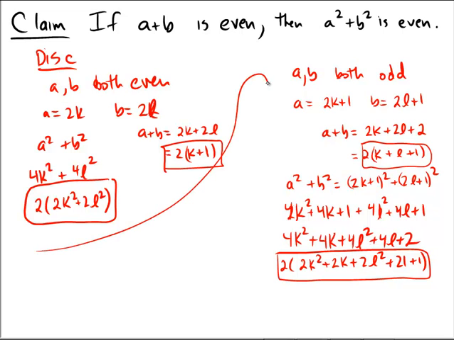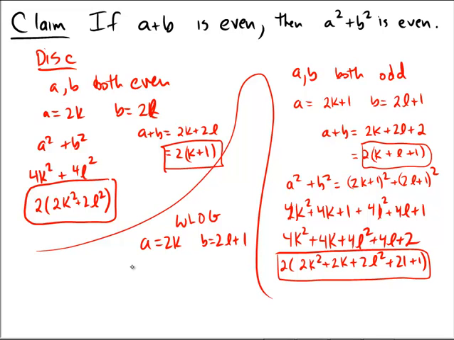Now for the third case, we could also have, without loss of generality, and we don't need to worry about generality here, we're not losing any generality if we say that a is even and b is odd, simply because both of these are dealing with addition and squaring, and since addition is commutative, we don't technically care about the order. So what would happen here?